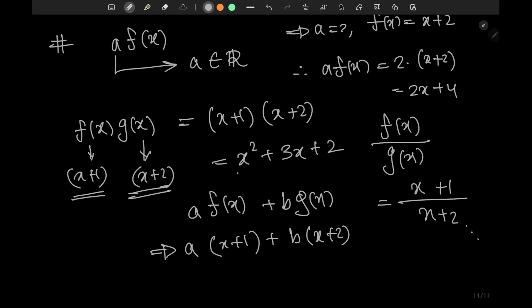So that gives you the idea of what is really going on over here. All the things that you can do with numbers, you can almost do with functions as well.